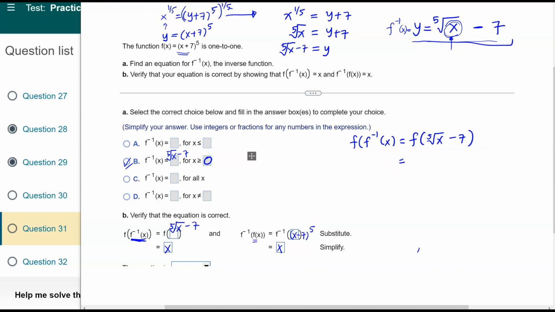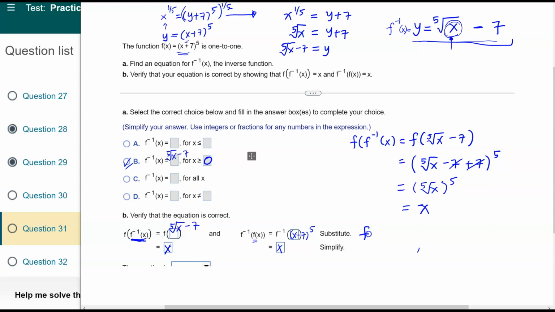And then in your x here, you would replace the x by this expression. So you would have fifth root of x minus 7 plus 7, raised to 5. And what is that? You cancel this. You have the fifth root of x raised to 5. That is equal to x. So that's how you get x there.